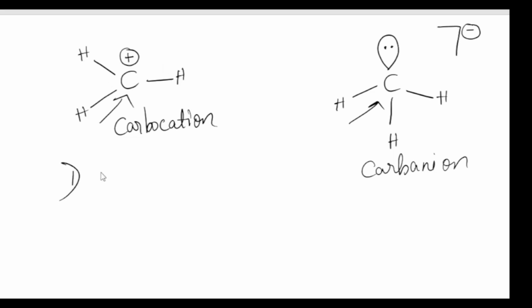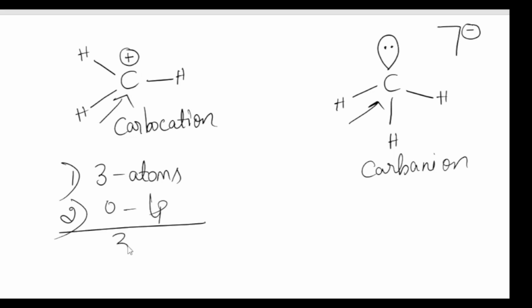I have to write the first case as 3 atoms it is attached to. In the second one, is a lone pair there? No, zero lone pairs. If we add both of these, it will become 3. That's why it is sp2 hybridized.